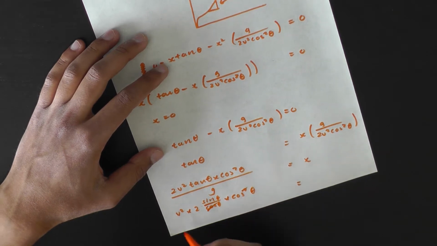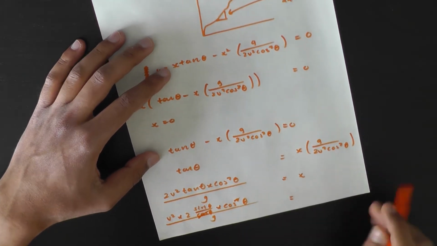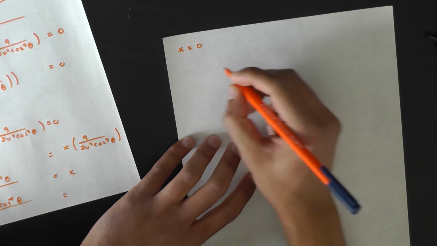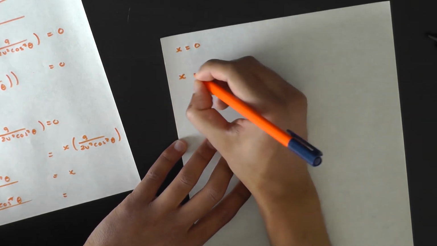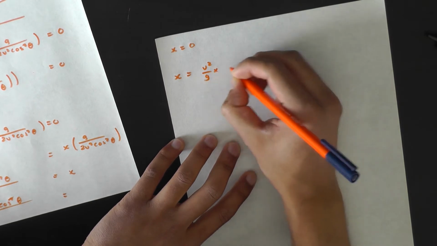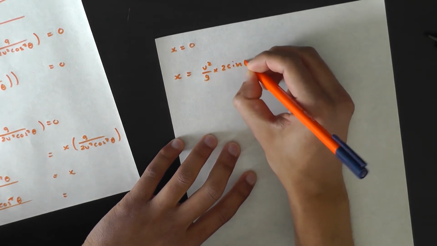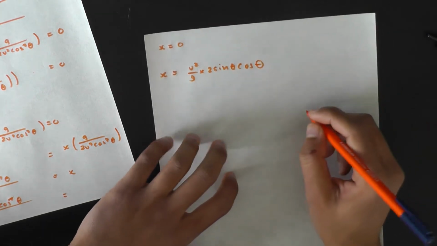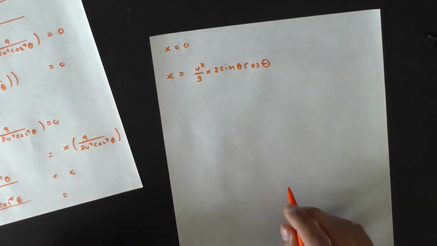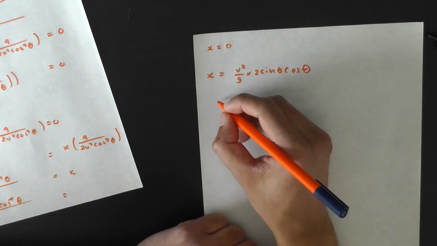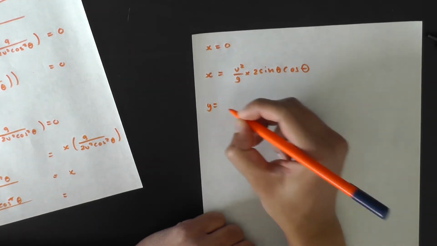So that's one of our bounds, and the other bound is x equals v squared over g times 2 sine theta cos theta. That's going to be our top bound, and 0 is going to be our bottom bound.